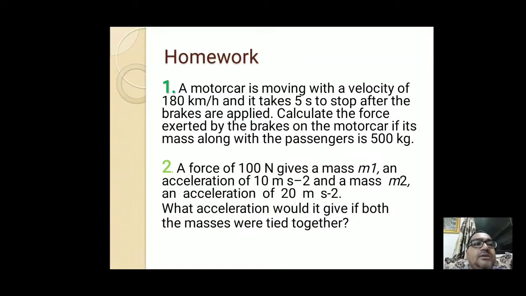So students, you have to calculate both these sums. Solve both in your physics notebook, calculate and tell me the answer. I hope you understand both these sums.